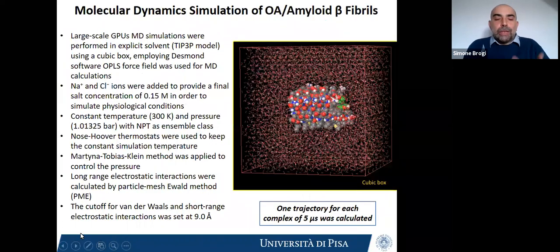And this complex was then used for investigating the effects of oleuropein aglycone on the preformed fibrils.